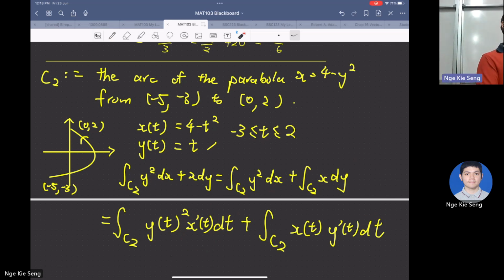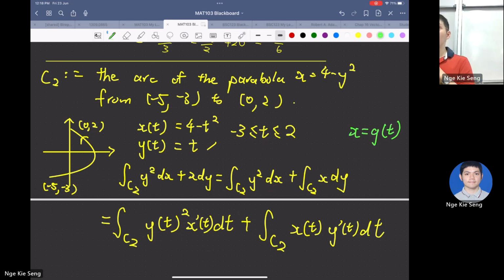Let me give you an example: x equals g of t, so dx equals g prime t dt. It's the same thing. Make sense?